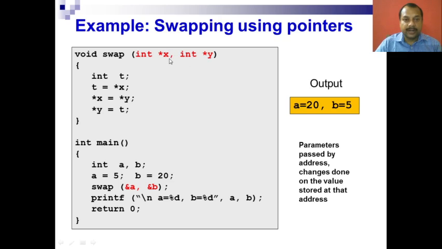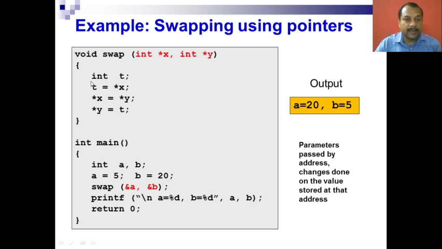This is not indicating the content of x or content of y. Here in x, the address of a will be copied. In y, the address of b will be copied. It's also true that throughout this program I did not have to change the address of a and b. But what I need to change is the content of a and b.